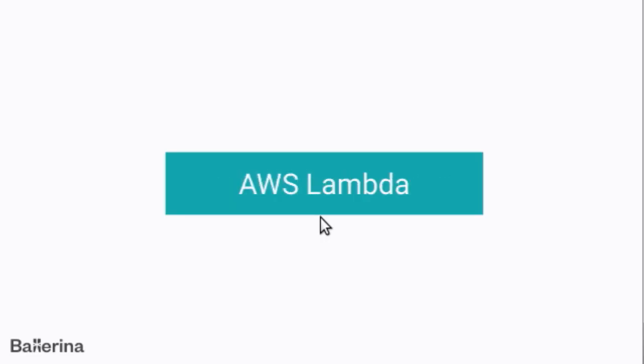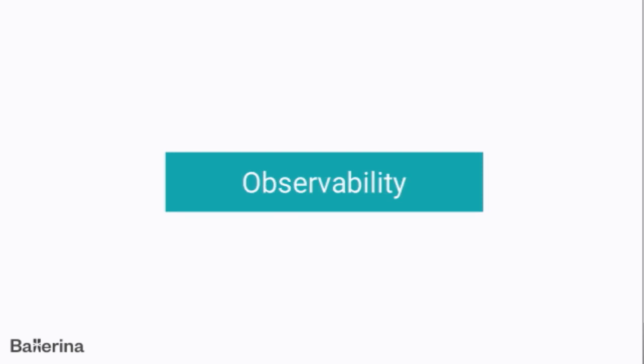In the same way, as I said, we have AWS Lambda support as well, where we have deployed a custom Lambda layer to AWS. So you can simply write a Ballerina function, and it can be exposed through AWS Lambda. And as I said, observability is another main part of the system.